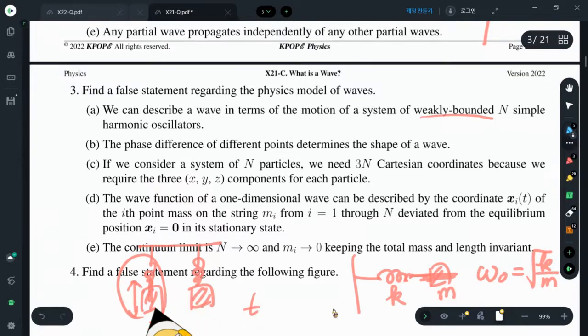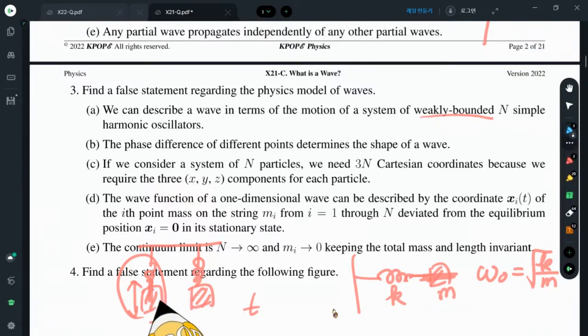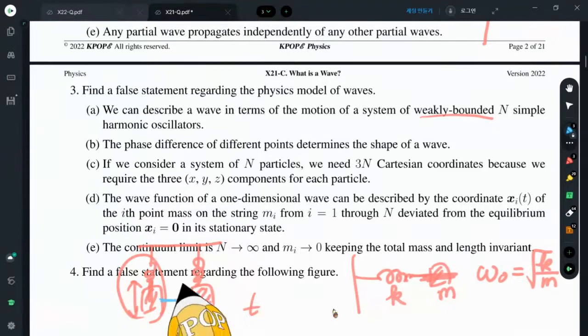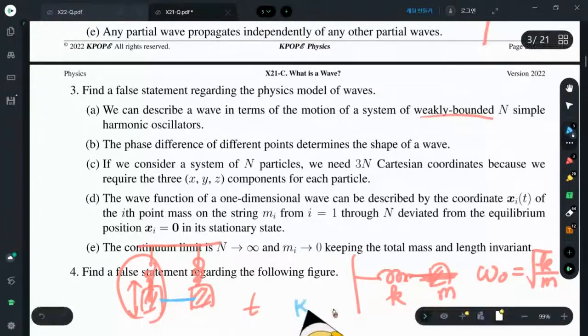However, what happens if I connect the two masses with a very weakly interacting thread, just like a very thin but flexible thread with spring constant kappa, that is much less than the spring constant of these springs?